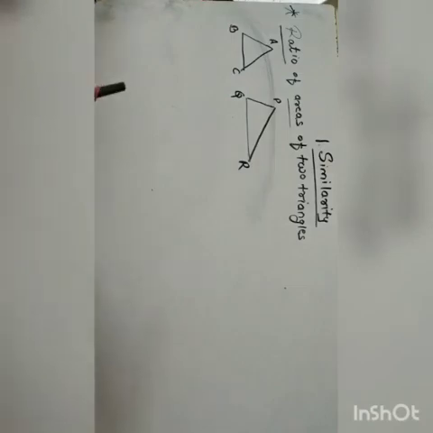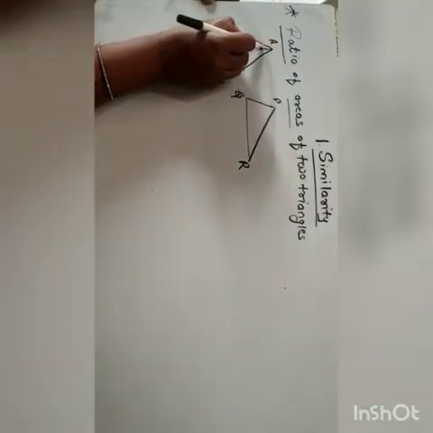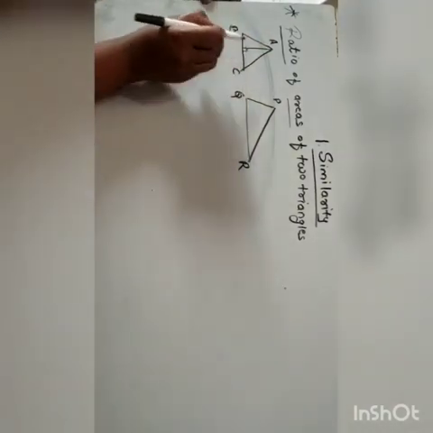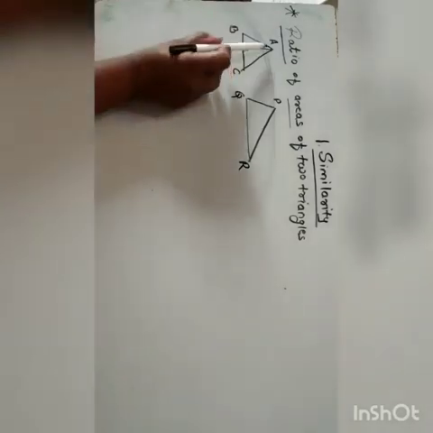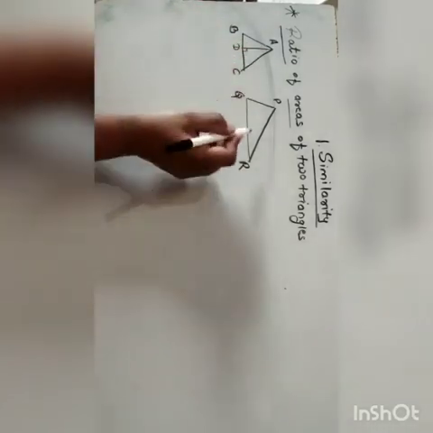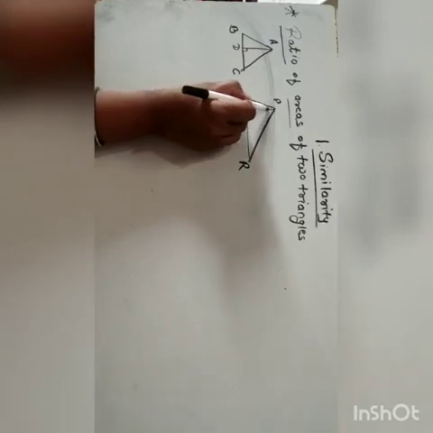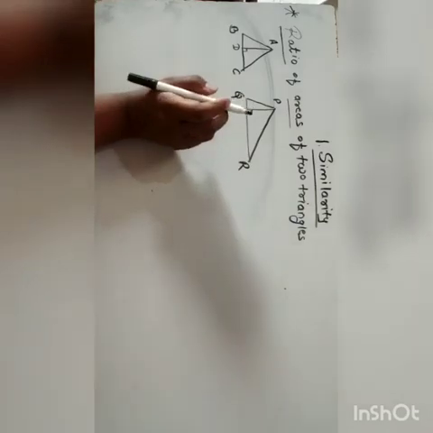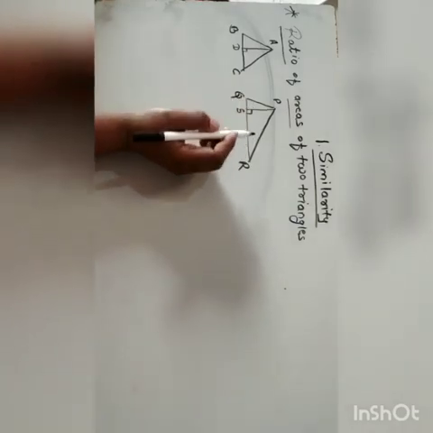In triangle ABC, we draw the altitude from vertex A to side BC, and we name the foot D. So AD is perpendicular to BC, that's why AD is the height of triangle ABC. In the same way we draw PS perpendicular to QR, and PS is the height of triangle PQR.